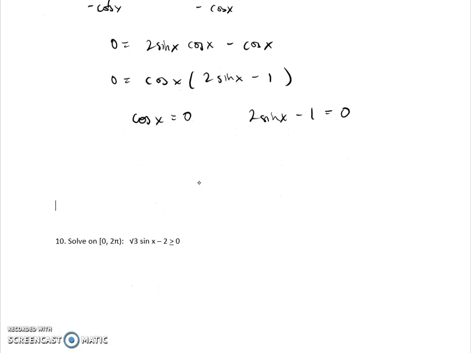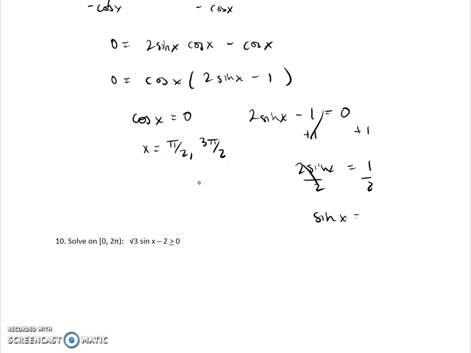So you look at your unit circle or on a graph to see where cosine is equal to 0. That's going to be at pi over 2 and 3 pi over 2. We're solving on 0 to 2 pi, so I'm going to stop there. And then this one, we need to solve a little bit more, so we're going to add 1 and divide by 2.